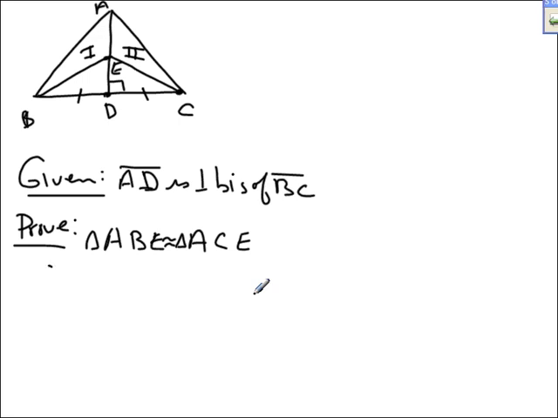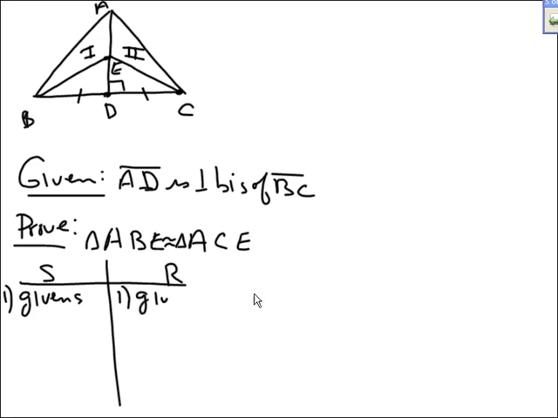Okay, so statement, reasons. First statement always is what you are given. Call it the givens. And the reason you're allowed to have that, the reason why it's true, is that it's given to be true. Okay. So now I'll say that BD is congruent to DC, in case I need that.